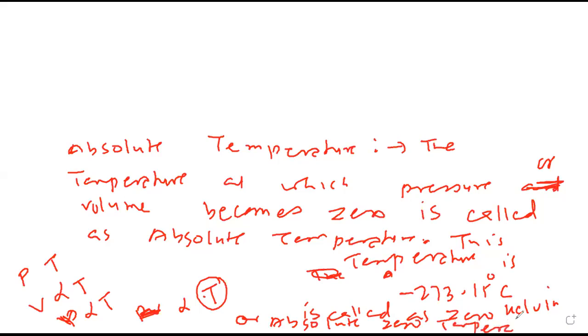So the temperature at which pressure or volume becomes zero is called absolute temperature. This temperature is minus 273.15 degrees Celsius, called 0 Kelvin or absolute zero temperature.